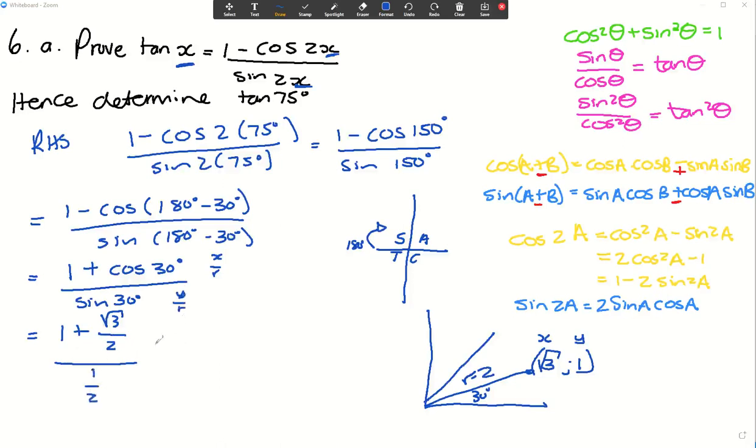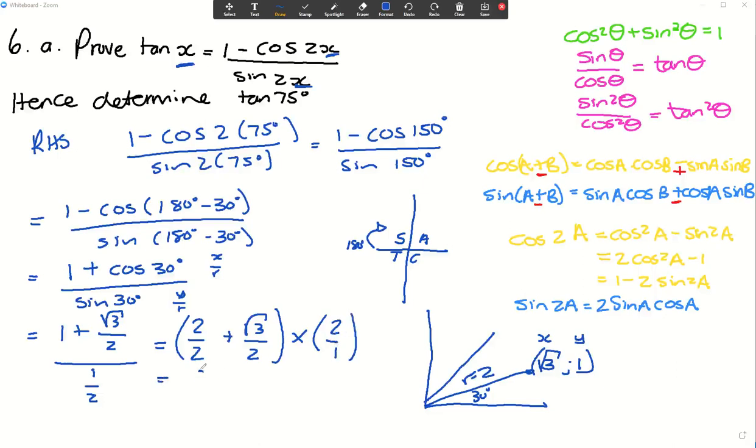Now this is a very ugly fraction. You can change that. On the top you want to get the same denominator. How do you change a 1 to have a 2 denominator? Well, it's going to be 2 over 2 plus root 3 all over 2. And all of this is divided by a half. And if we divide top and bottom by 2 over 1, right?